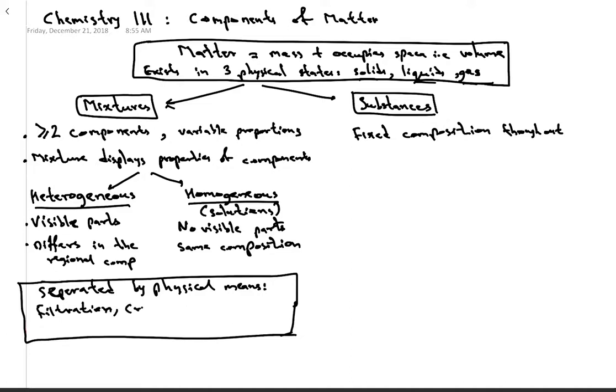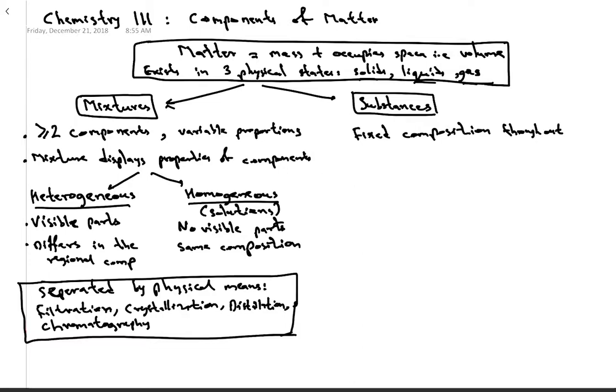You can evaporate and crystallize, for example salt water, crystallization. Distillation, which is based on different boiling points of the components, especially in a mixture of liquids, or based on their weight and their mobility in an electric field, you can separate them using chromatography. So all these are physical means of separating a mixture.